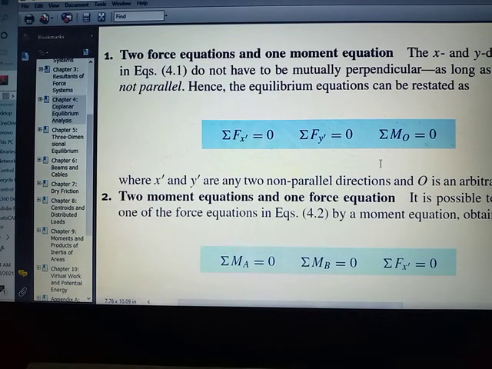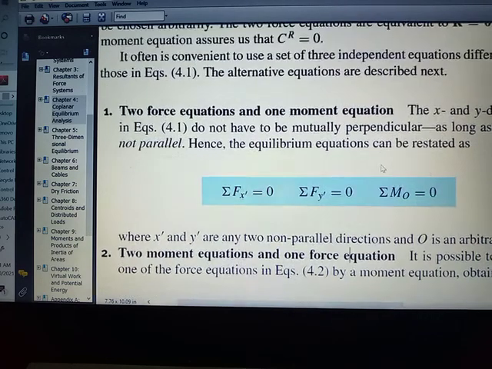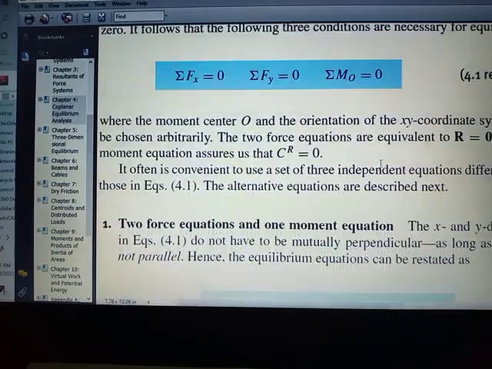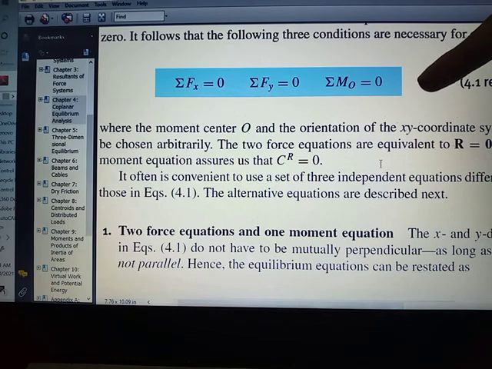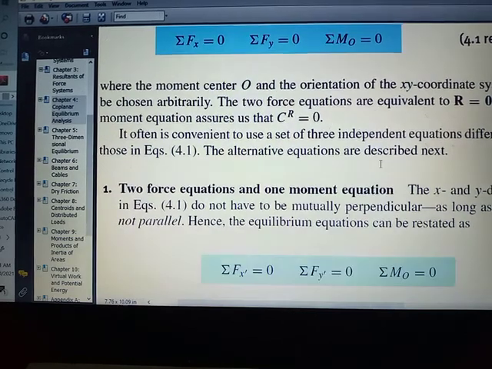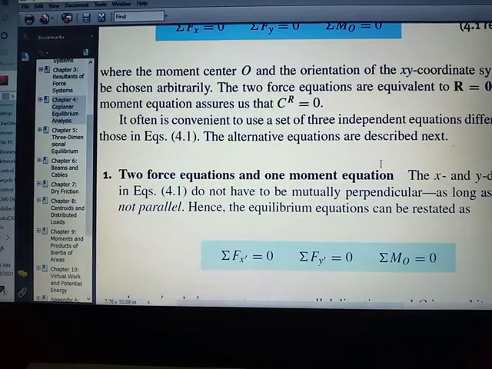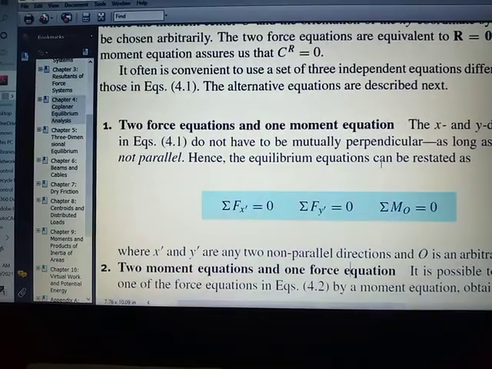Two force equations and one moment equation. Okay? So rest assured, okay? Yan yung normal. And then you have two force equations and one moment equation. Yan.